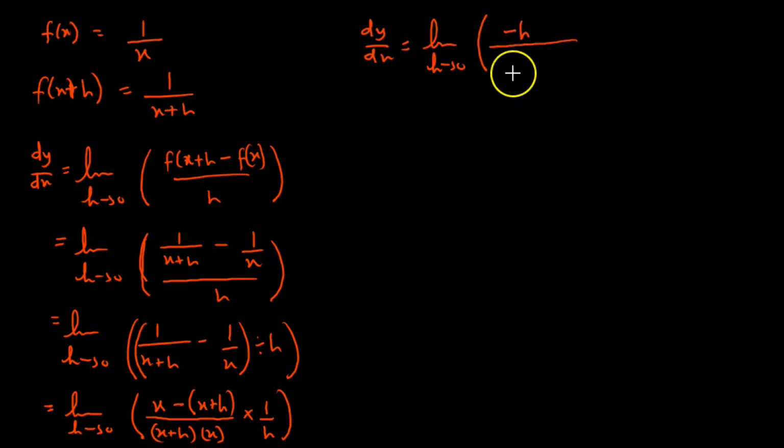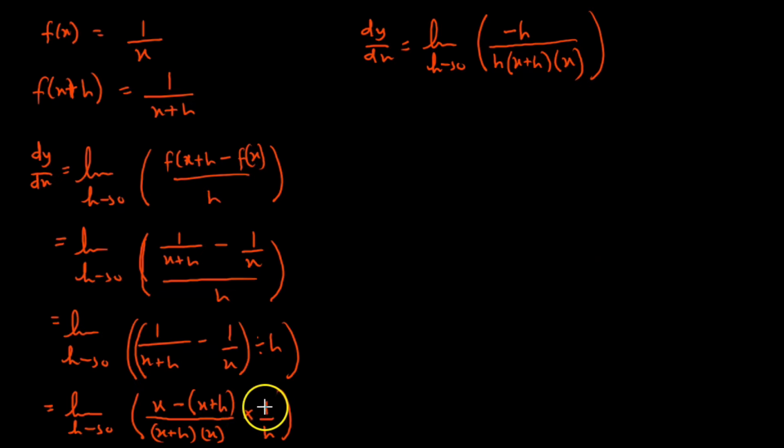But the denominator is going to be h into bracket x plus h times x. I believe it's well understood. Now, the numerator was left with h because we had x minus x giving us 0, and the negative sign affects the h, so we still have negative h.